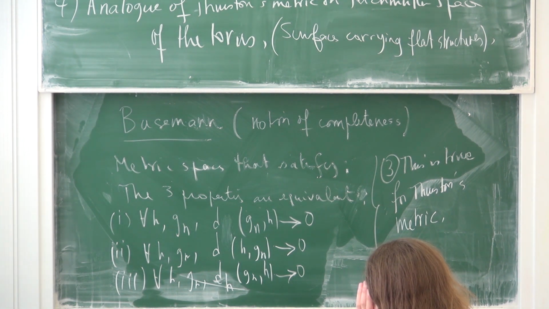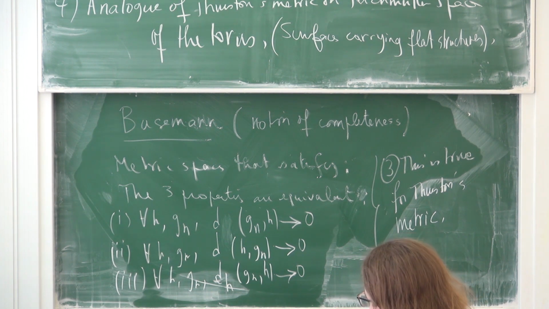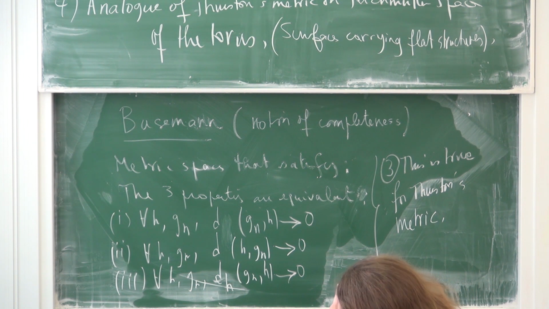It is completeness of the symmetrized metric, but instead of the symmetrized metric, you can use either one. This is the point. You can use either one. So these are a few metrical and topological questions.